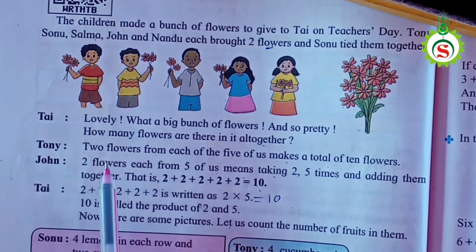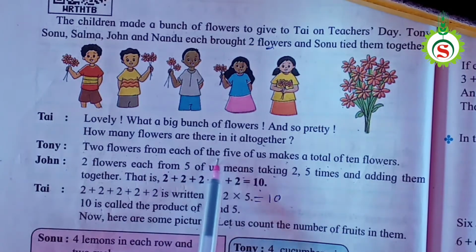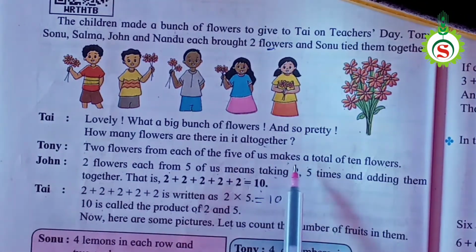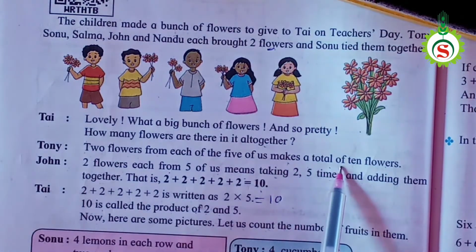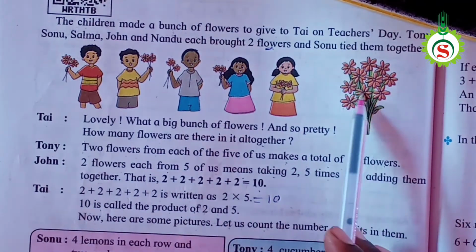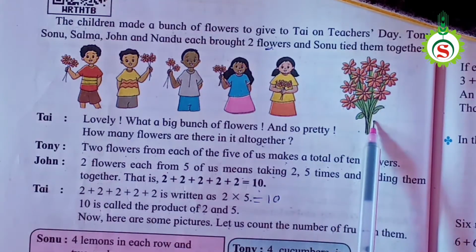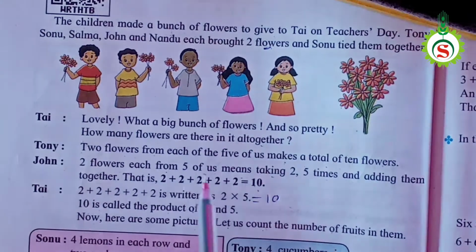Tony says, 2 flowers from each of the 5 of us makes a total of 10 flowers. This bunch of flowers has 10 flowers.